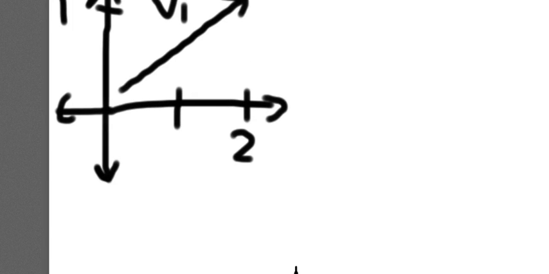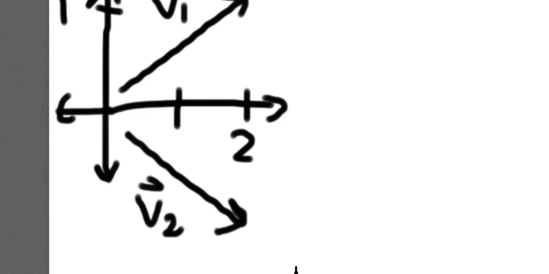So if we imagine a coordinate system, and say that's a 2 and that's a 1, our vector, which we could call v1, is different from this vector, v2.